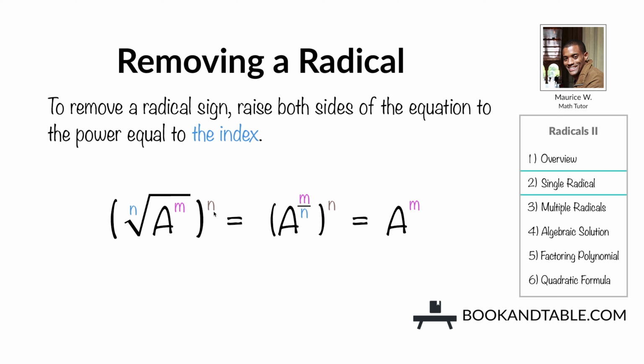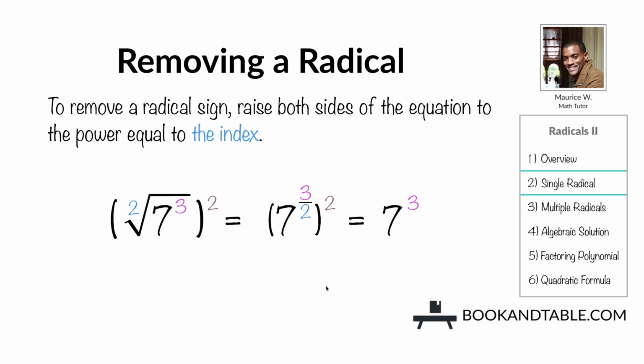Why is that? Well, in exponential form, it would be a to the m over n. And now when we raise this to another power, this term multiplies against this exponent. So this n negates this n, leaving you with just m. So this cancels out the radical term, leaving you with what's just underneath the radical sign.